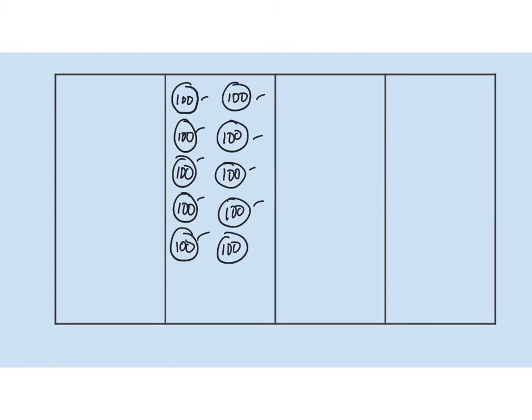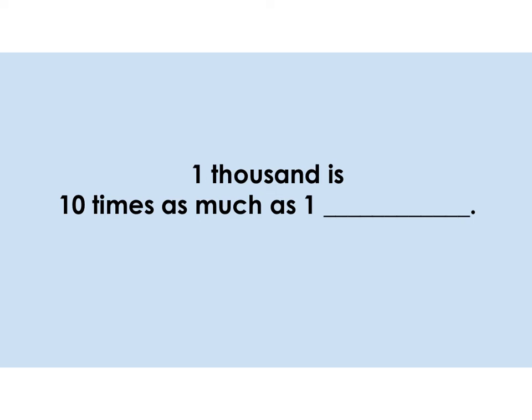We could say we have 10 100s, or we could say 1 unit of 1,000. That's how we would regroup or rebundle this. So we can say that 10 100s equals 1,000. So if we think about that chart, we can say 1,000 is 10 times as many as 1 what? 100. That's right. Okay.